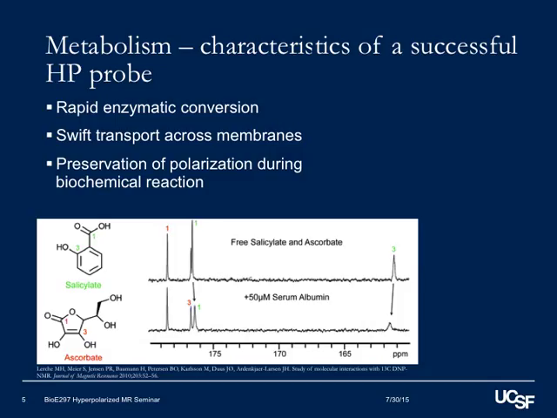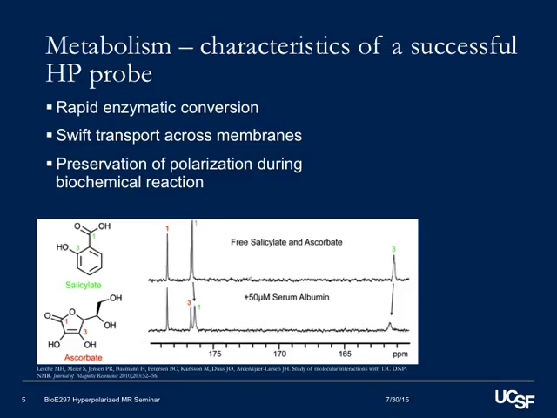And the other important thing is preserving the polarization as it goes through maybe 1, 2, or n number of enzymatic steps or reactions. So this is, again, another example to illustrate, similar to the benzoic acid experiment. Here you have a salicylic acid. And the ascorbate is just shown as a reference here.